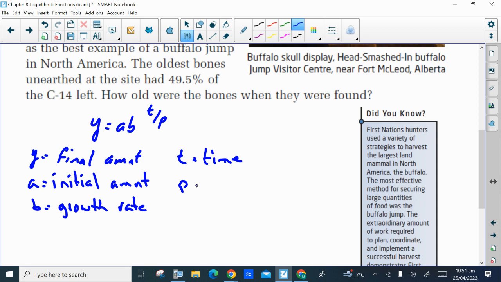And P is the growth period. You're given this equation on the formula sheet, but you're not given what each of those parameters represents. So that's something that you would need to know.